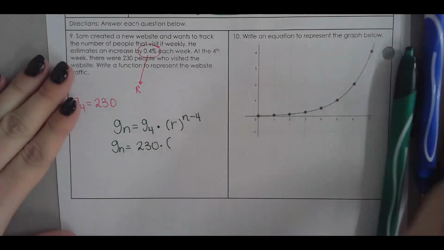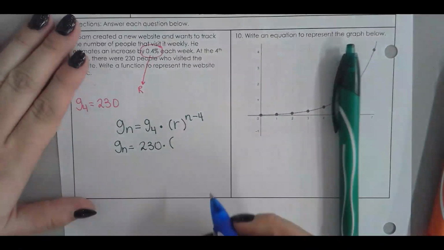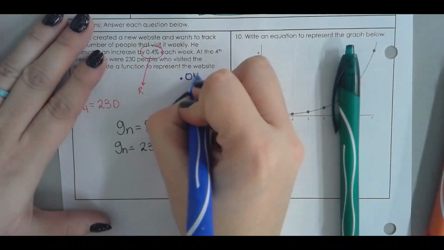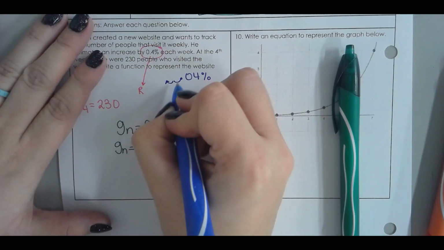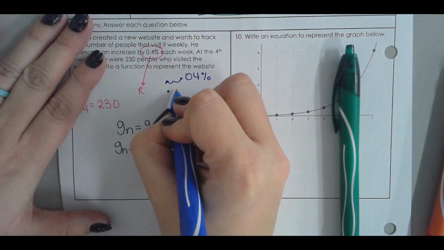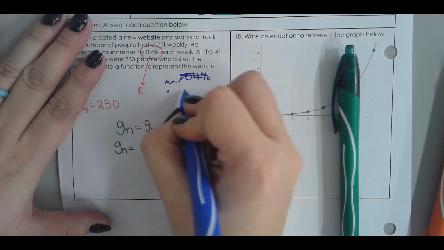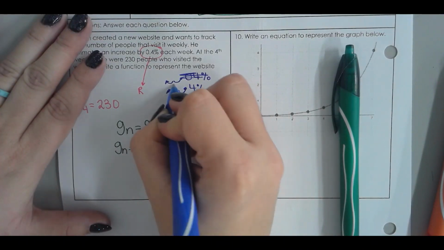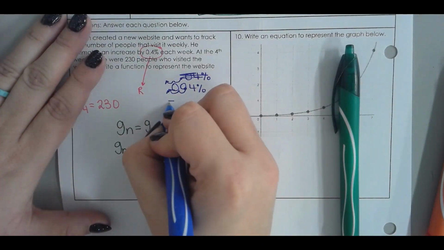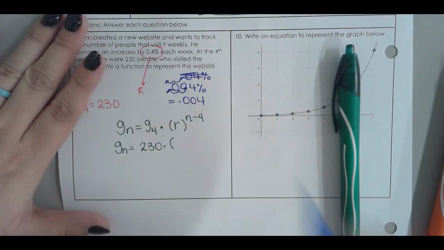So let me think. 0.4%. We go 1, 2 to the left. So this equals 0.004 as a decimal.